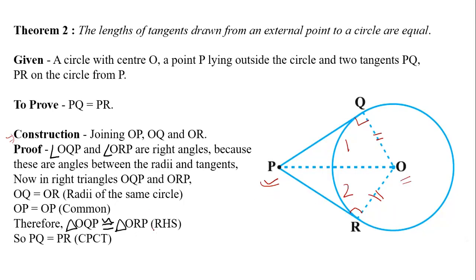So by RHS both the triangles will be congruent. Triangle POQ will be congruent to triangle PRO.